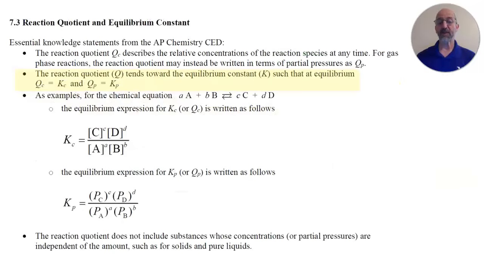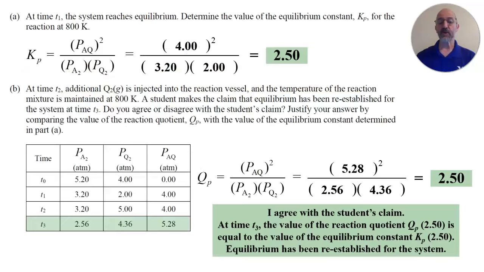So remember, from the essential knowledge statement for topic 7.3, the reaction quotient Q tends toward the equilibrium constant K such that at equilibrium, Q equals K. So if Q equals K, then we have established equilibrium. So I agree with the student's claim.